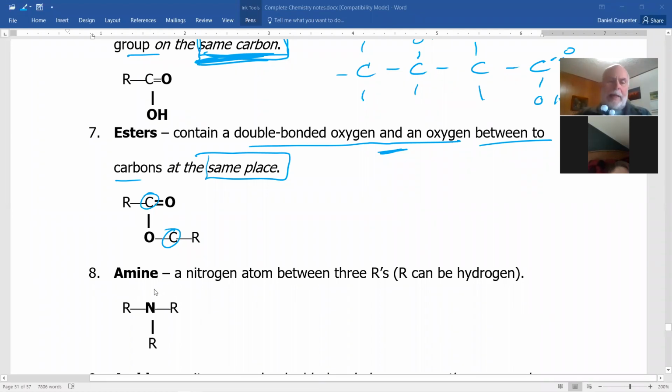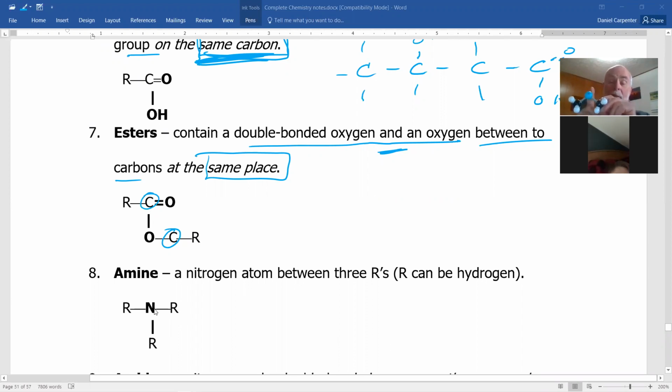So notice we've got N, R, R, R. Nitrogen, N, 1 R, 2 R's, and we need a third R.